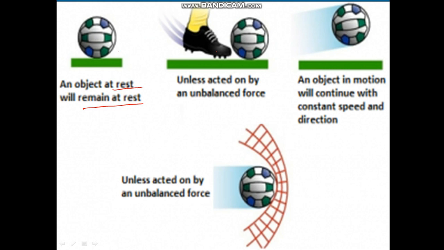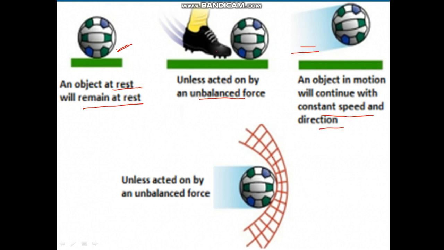That means this ball continued to remain at rest, but once you apply a force which is unbalanced, that means it is not balanced by any other force, then this ball is set into motion, and this ball will remain in motion with constant speed and same direction, again till some external force acts on it.